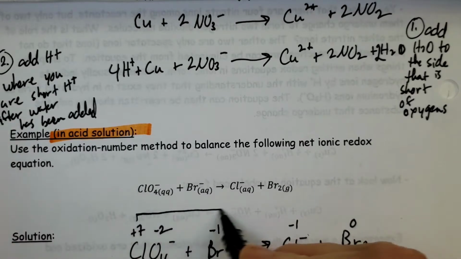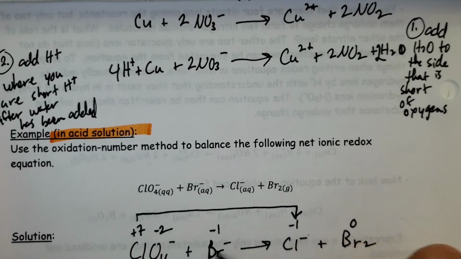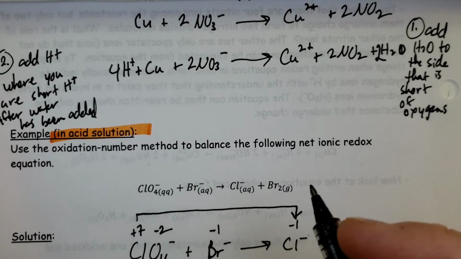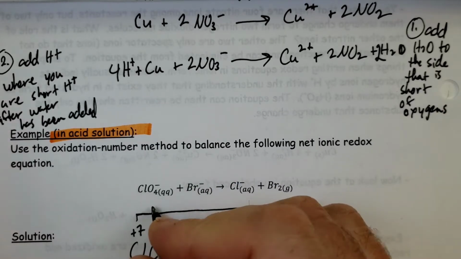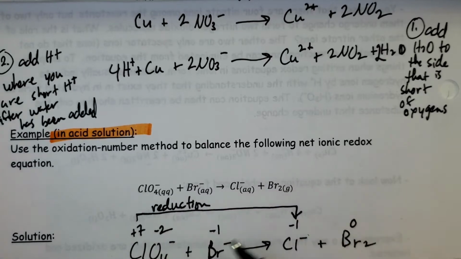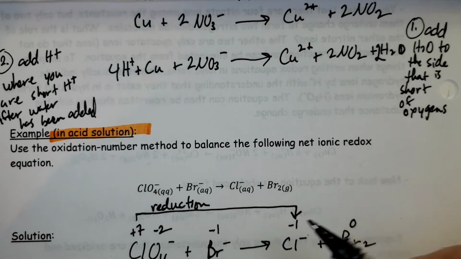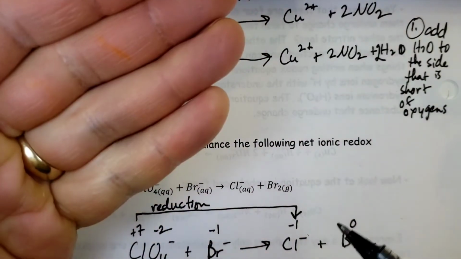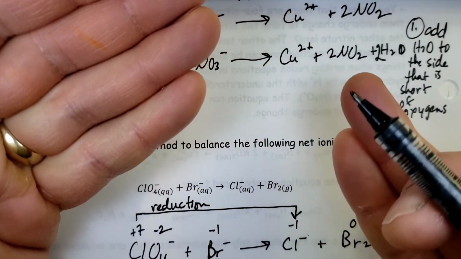So if we look at what's happening here, chlorine is going from +7 to -1, so that's a gain of a lot of electrons. Gain electrons, reduction. So go from 7 to -1: 6, 5, 4, 3, 2, 1, 0, -1.